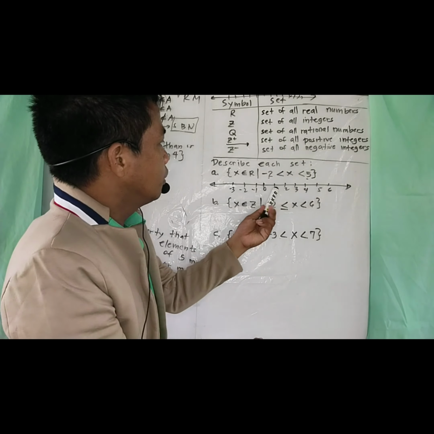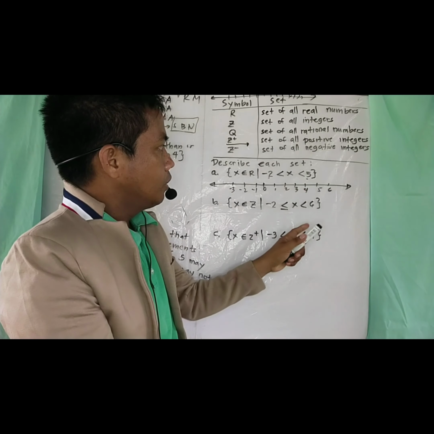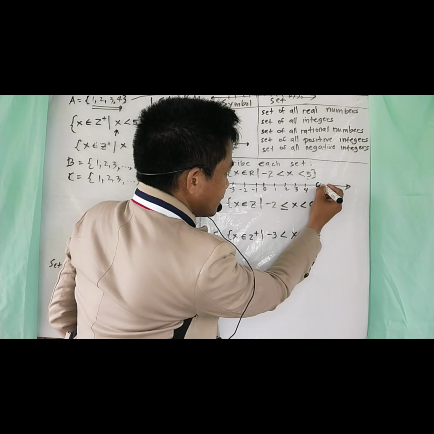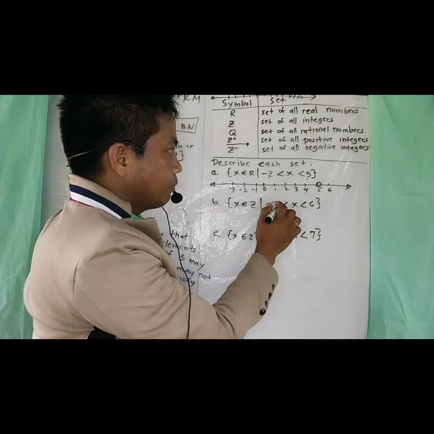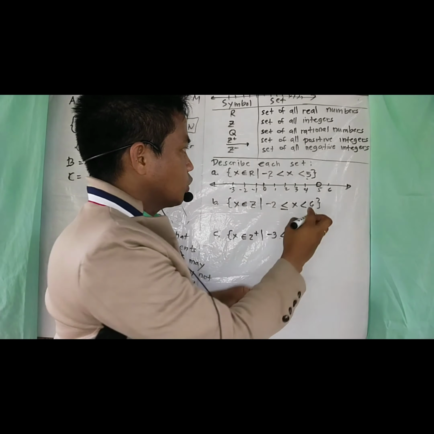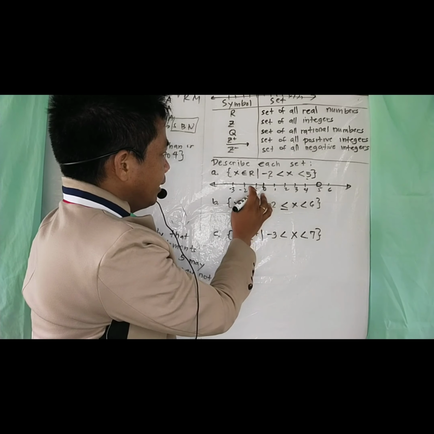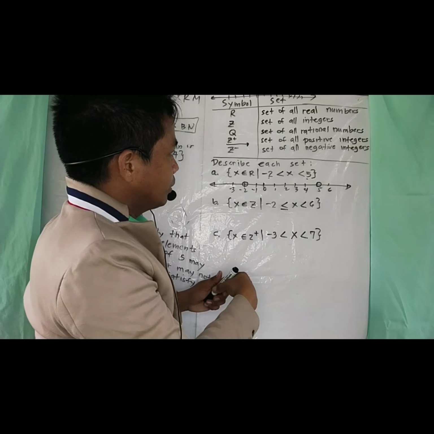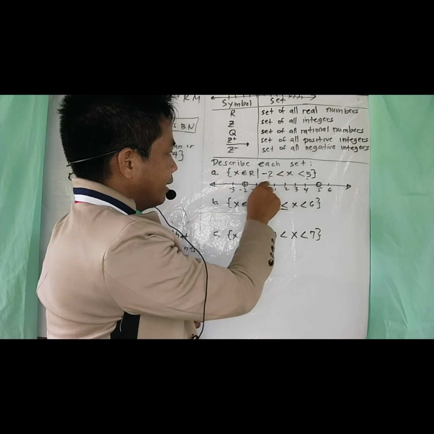What are the real numbers that are less than 5? 5 is not included because it must be less than 5. 4.9 is possible, and so on. 4 is possible, 3, 2, 1, 0, negative 1. But negative 2 is not, because we said that x must be more than negative 2.